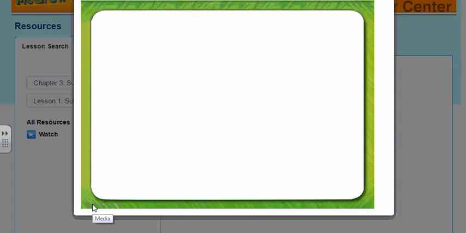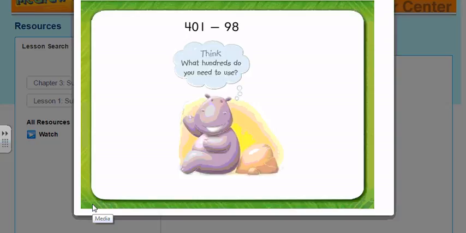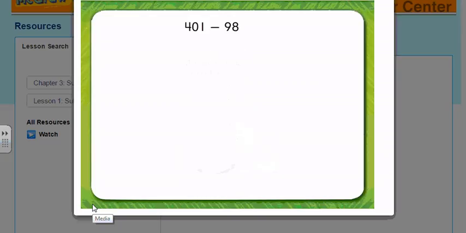Let's try another way. This time, subtract 98 from 401. Think. What hundreds do you need to use? Break away 100 from 401.